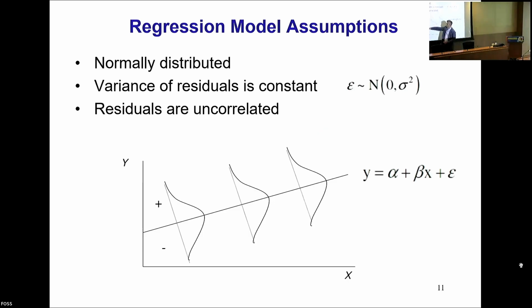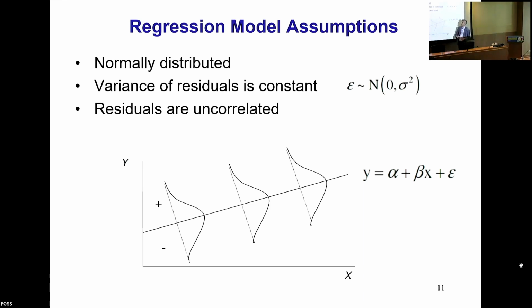The residuals are meant to be like this, distributed at each point of x. They're all normally distributed. They're not meant to be skewed this way and skewed this way. That would mean that this is not the line of best fit. So the residuals have to be normally distributed.